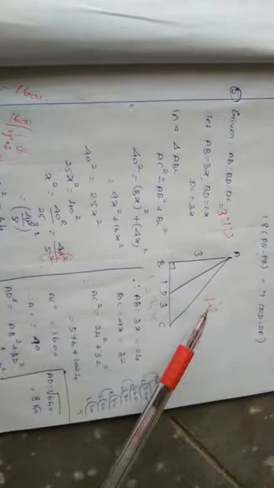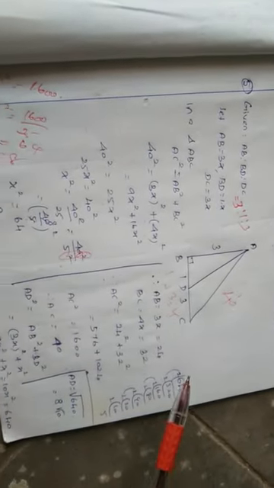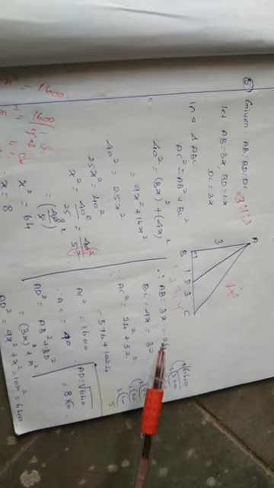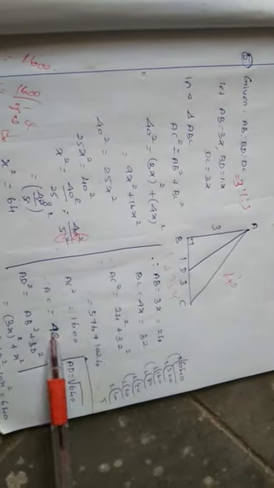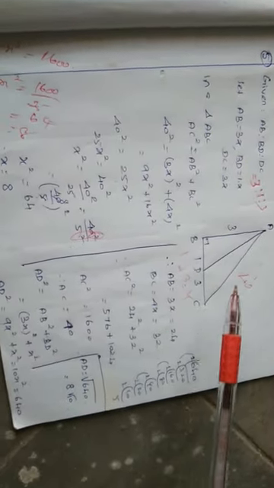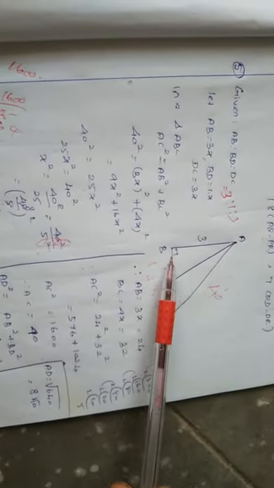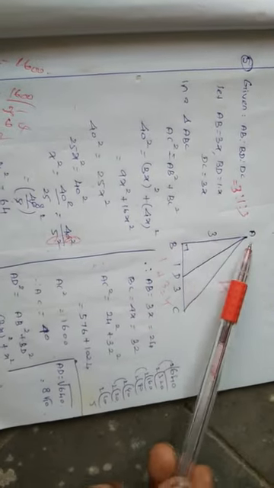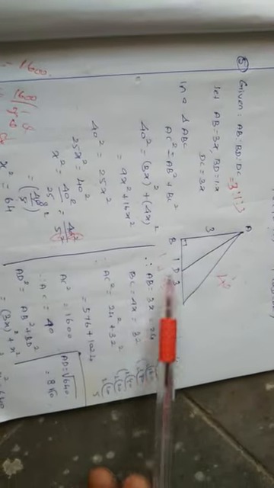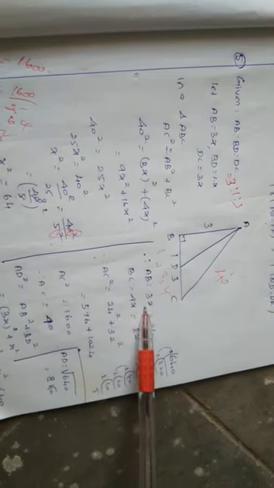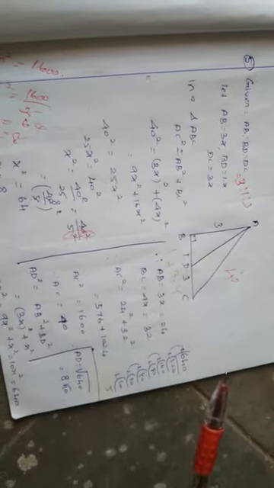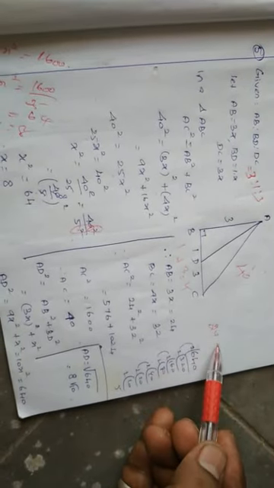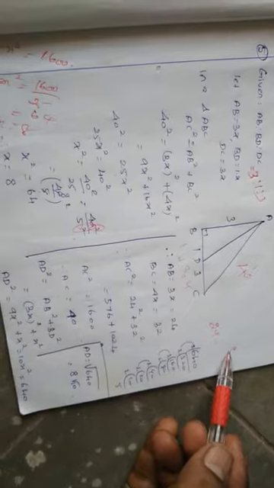Next, the question is find AD. Okay, suppose checking condition AC, how is it possible? Now AD squared equal to AB squared plus BD squared. AB equal to 3x, that is AB equal to 24, 3 into 8, 24, and BD is 1 into x, that is x, 8.